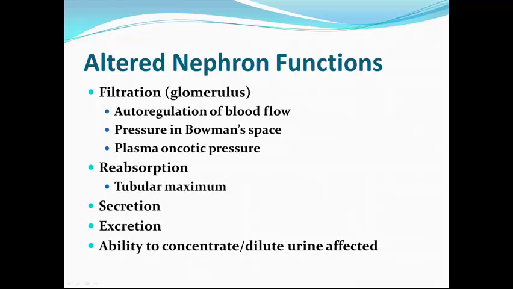Finally, the tubules are responsible for excretion, letting it out. Remember that this ultrafiltrate has been decreasing pretty systematically from that 1200 cc's per minute down to 0.5 cc's per kilogram per minute, which is the minimum urinary output.